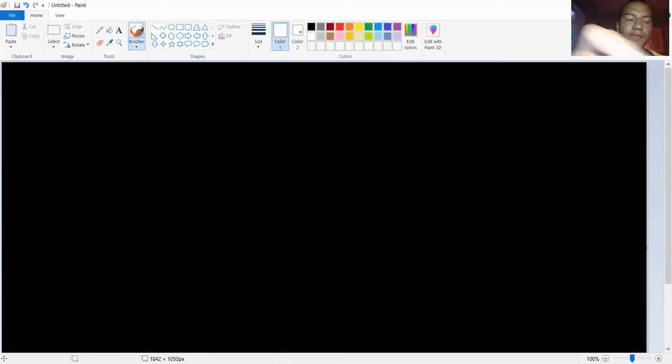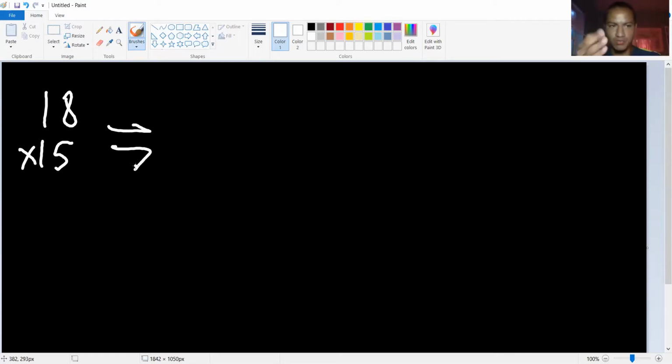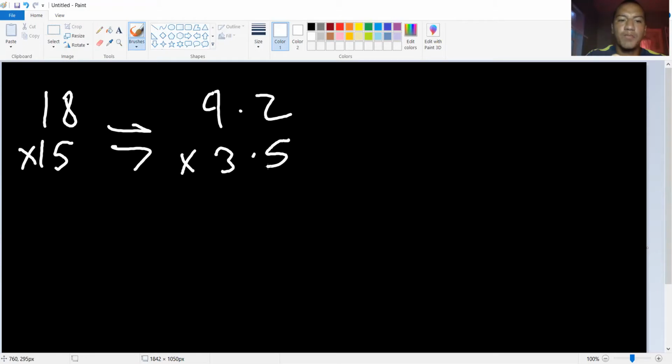Okay, so 18 times 15, you could do FOIL, or we could just do prime decomposition, which is you break down 18 into 9 times 2, and you break down 15 into 3 times 5. But the top part is in prime, it's 3 times 3 times 2, and then you get 3 times 5.